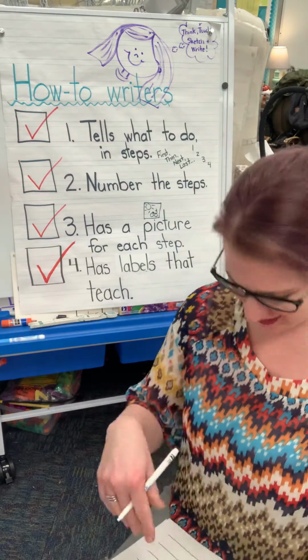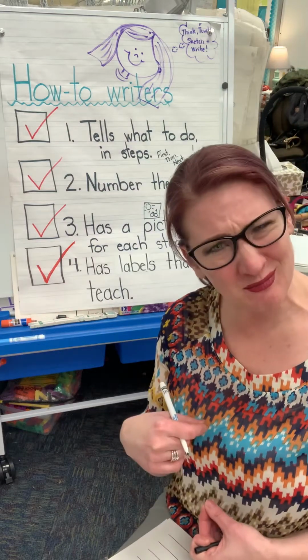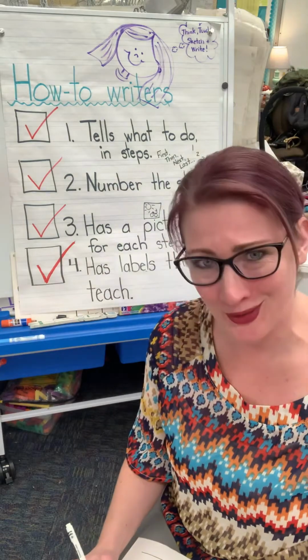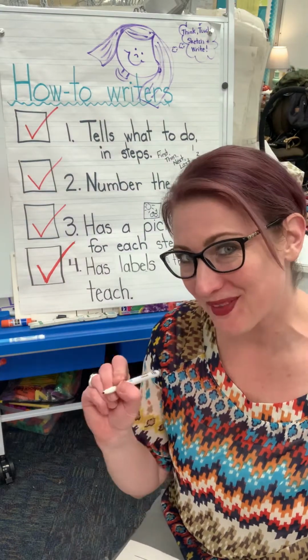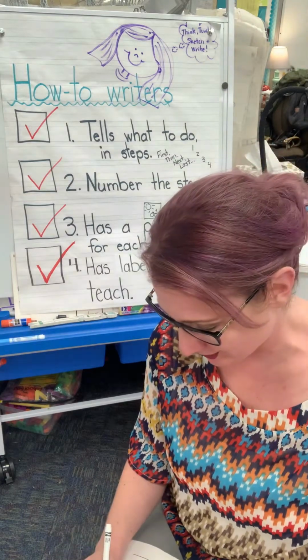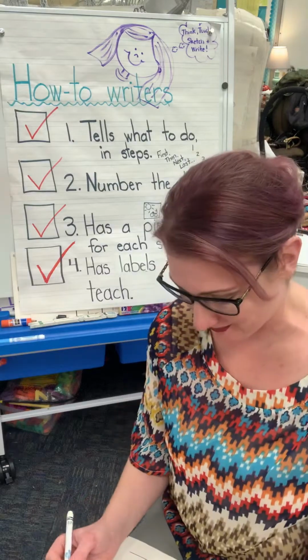What's that thing called? The zipper pull? I don't know. If you know the actual word for it, maybe you can put that on your teacher's Facebook page. Zipper pull. That's what I'm going to call it.